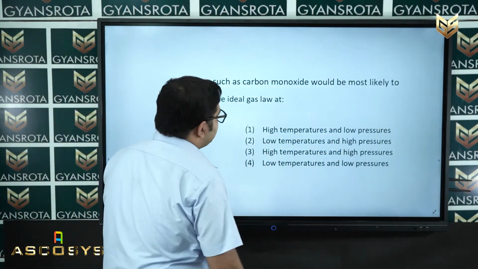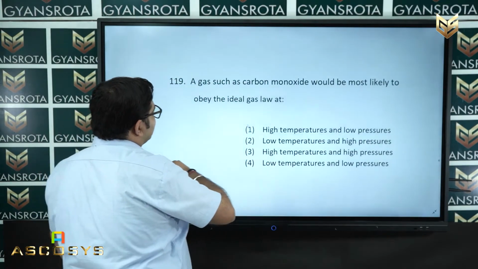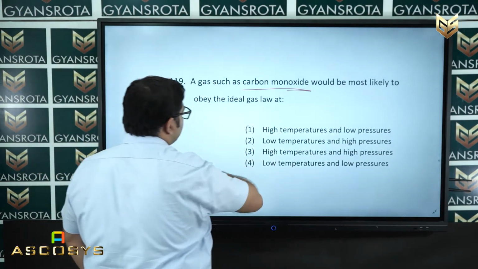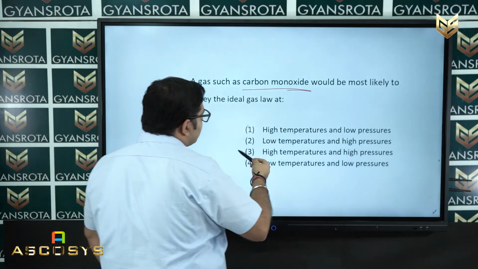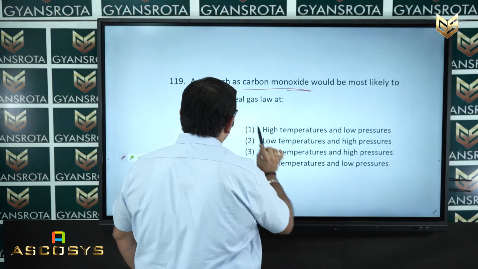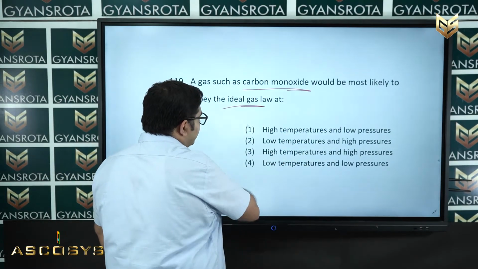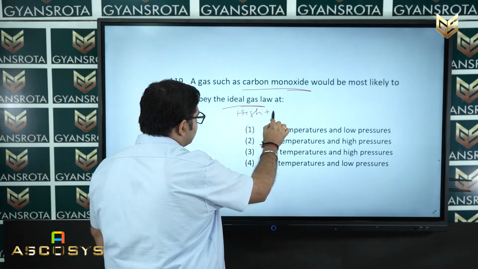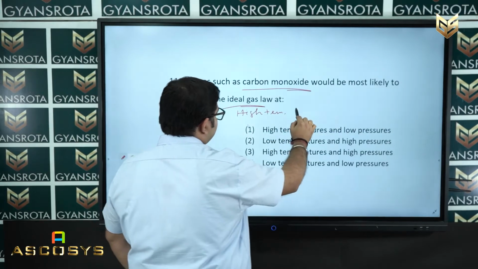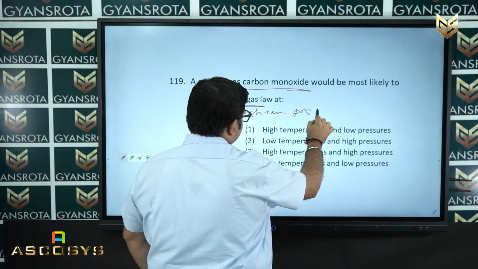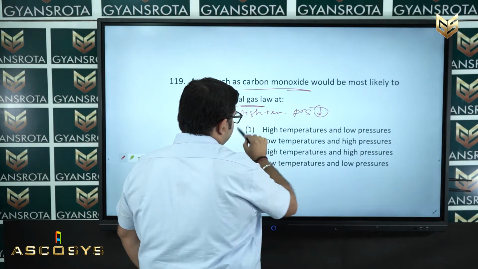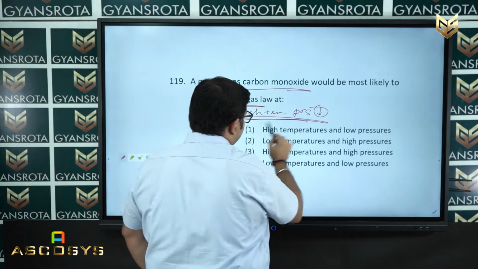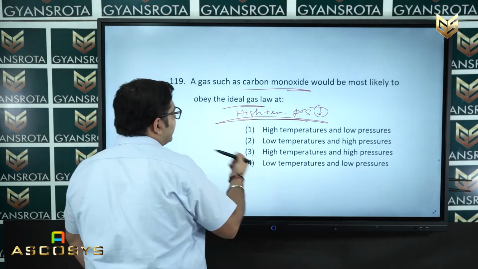Here they are asking when it is most likely to obey the ideal gas law. So, what condition must be followed if a gas should follow the ideal gas equation? There should be a higher temperature and the pressure should be low. This should be maintained if anyone is to obey this ideal gas law.